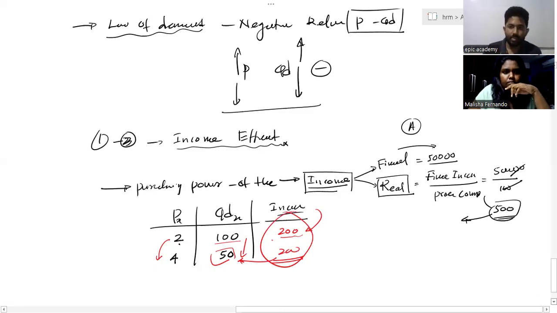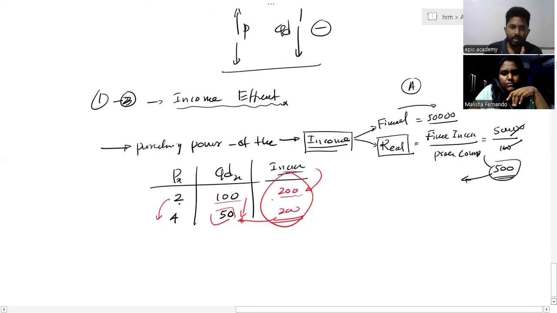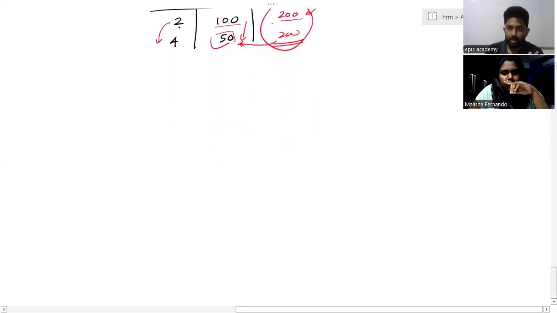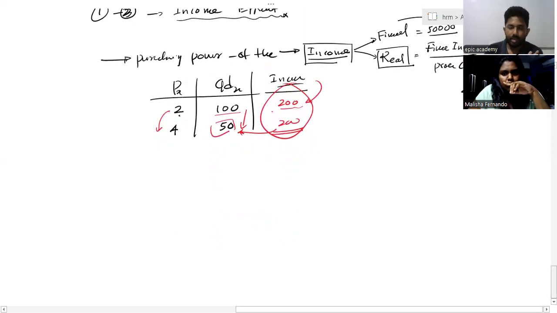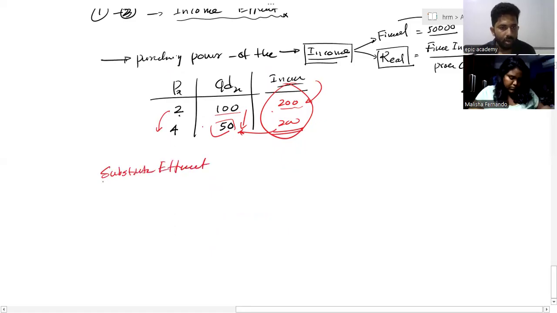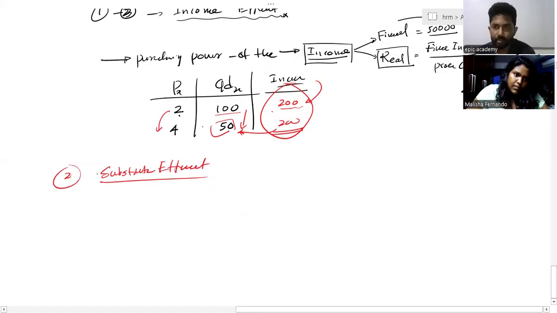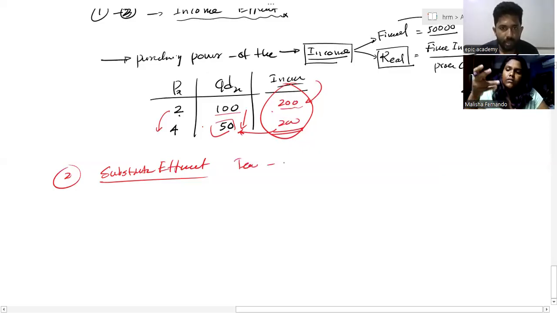On the other hand, another factor is there, the second factor: substitute effects. This one is income effect, the second one is substitute effects. We already discussed the meaning of substitutes. You can use substitutes for a certain commodity, for example, tea for coffee. They are substitutes.